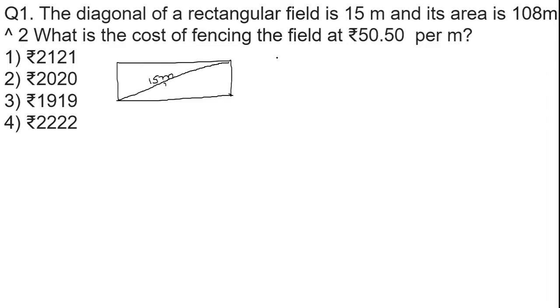Now we know the diagonal of a rectangular field can be given as under root of L square plus B square. How have I taken this? I have taken it based upon the Pythagoras theorem.